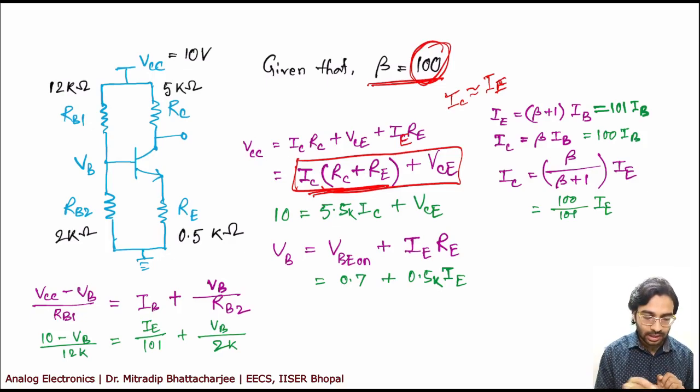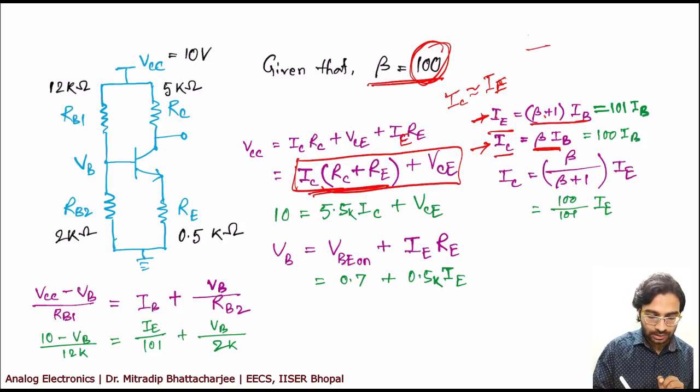For example, here beta is 100 and we know these equations, right? IE is equal to beta plus 1 IB, IC is equal to beta IB. Now if you do IC by IE, you will find beta divided by beta plus 1. IB will get cancelled. Let me just show here. If I do IC divided by IE, your IC is beta IB and your IE is beta plus 1 IB.